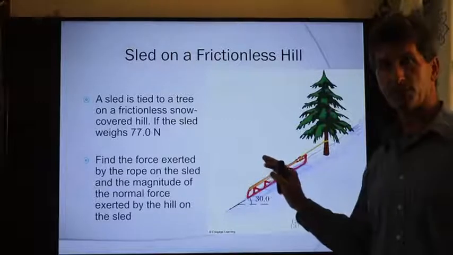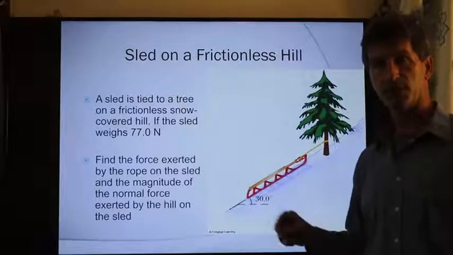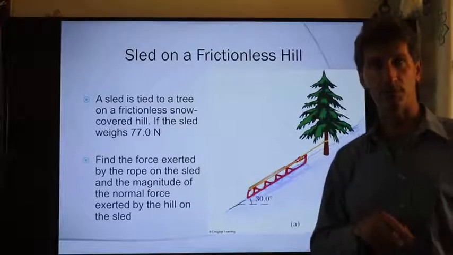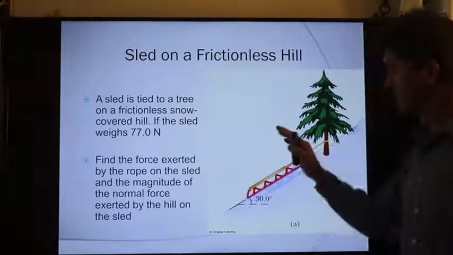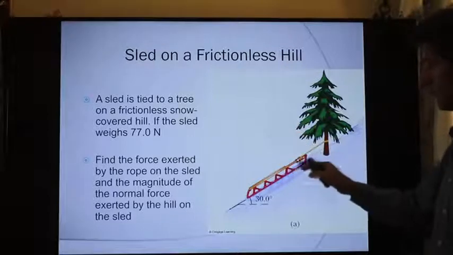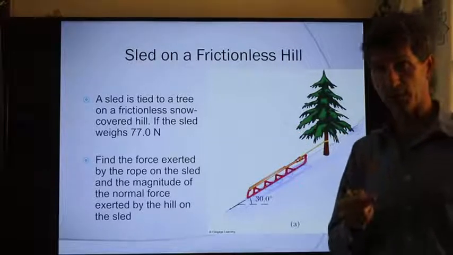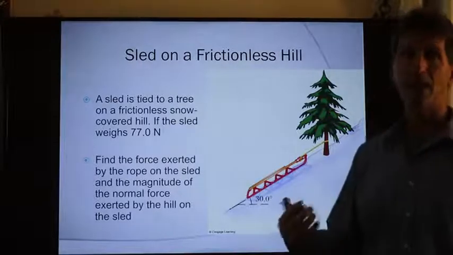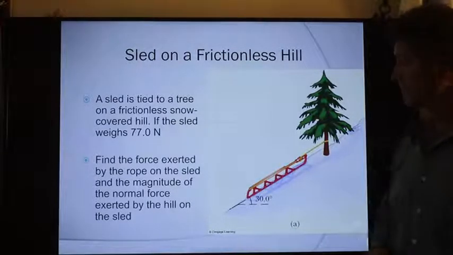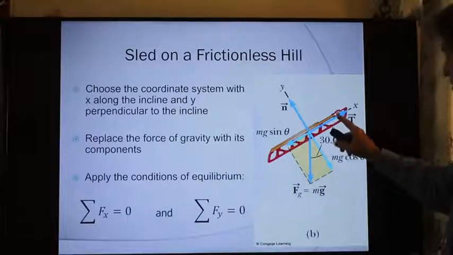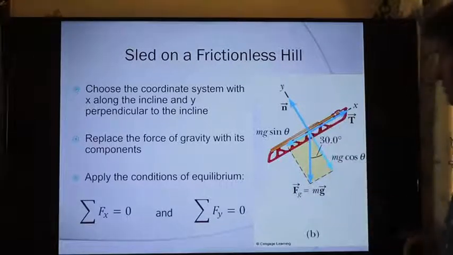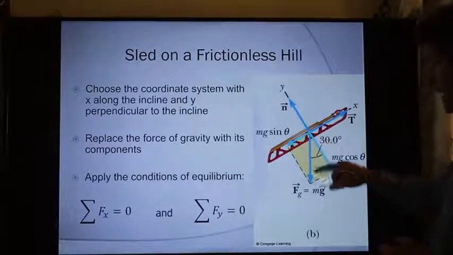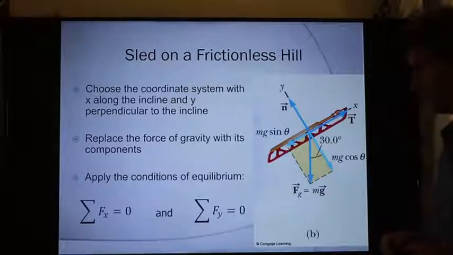Because it aligns different key forces in the direction of the different axes, so you don't have to resolve as many vectors. By tilting this, my normal force and my tension line up with two of the axes. Now only the weight needs to be resolved. So, tension will only be in the x direction, normal force will only be in the y direction, because I made this rotation, this transformation, and now I'm going to resolve the weight.